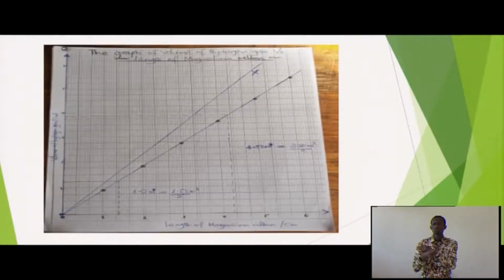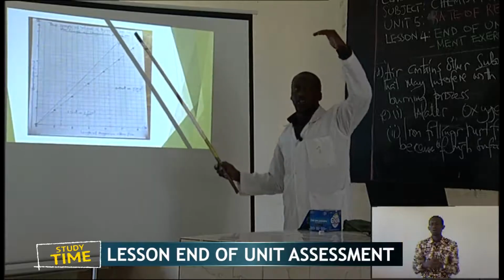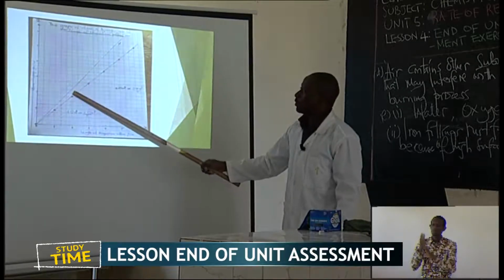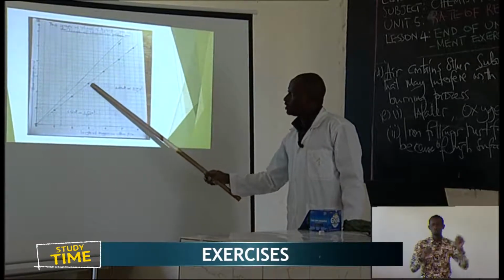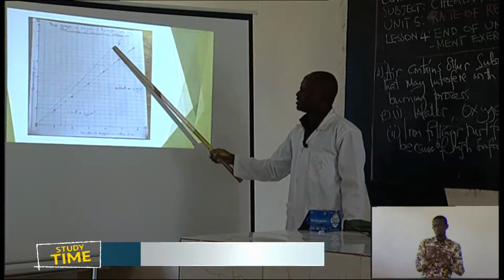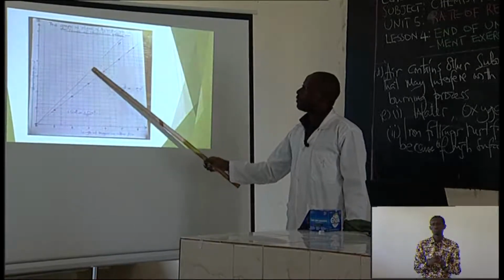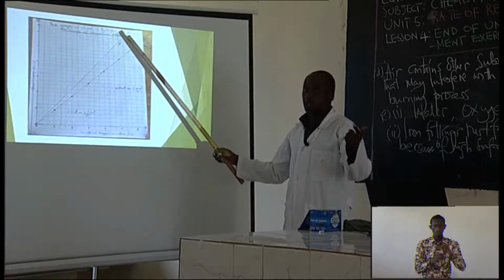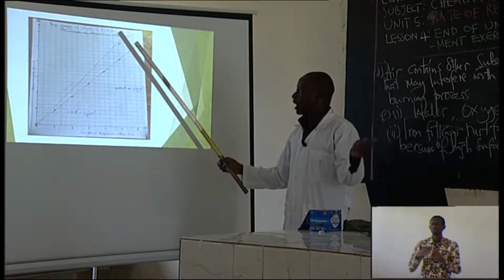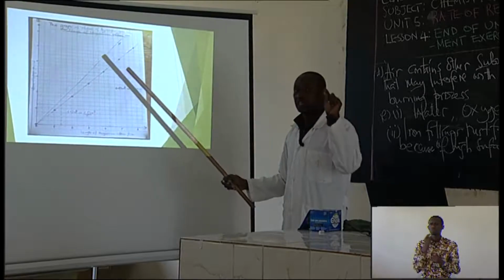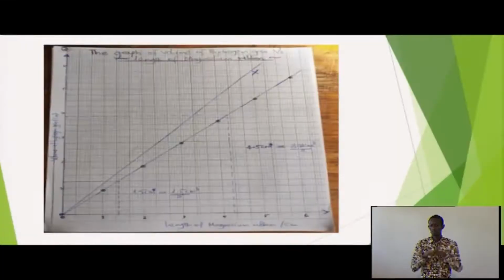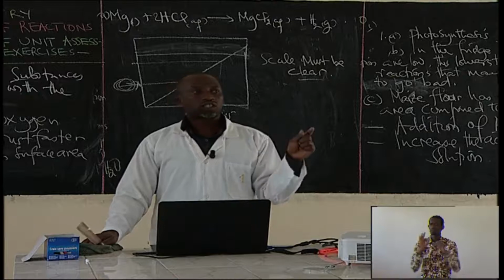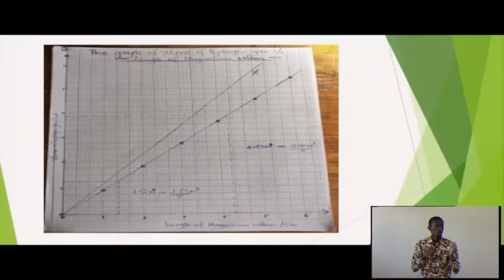So that means this must take place faster and therefore slightly above this one here. So this was the original, this is for magnesium ribbon, but this is for magnesium powder. So you have to consider the two. That means the surface area of these substances is also considered. So it is very important to consider even when you are drawing the graphs.